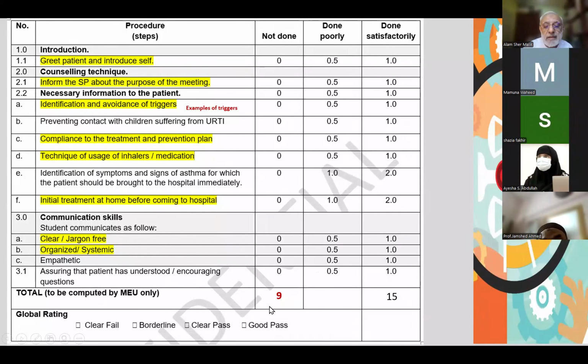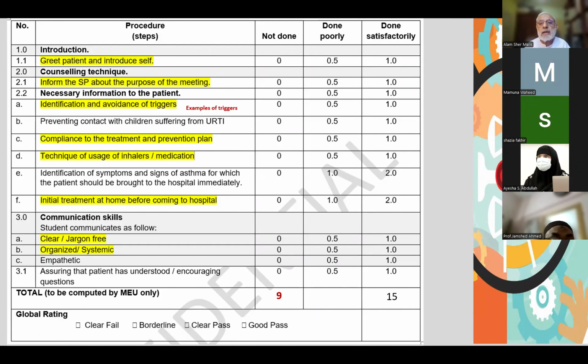This would make 9 points. So the total marks, if we follow this marking scheme, is 15, but to pass this OSCE station, the candidate must conform to these 9 points or 9 marks.